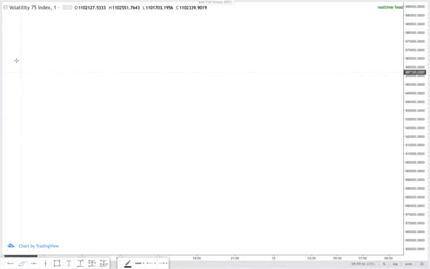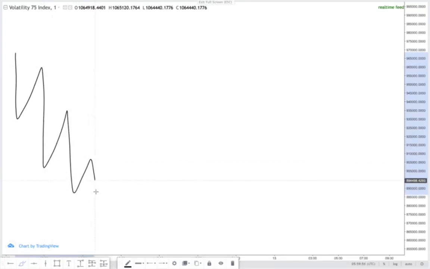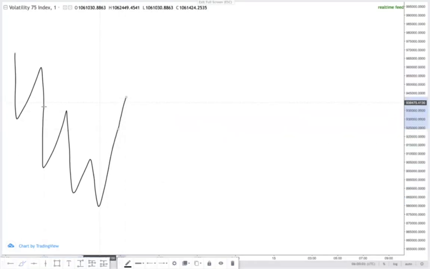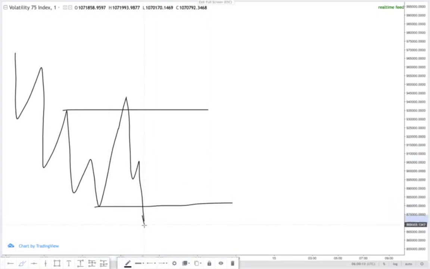Okay. Let's say when you have a downtrend like this, then at this time price comes to break, let's say, this structure right here. Okay, then price drops again to break this structure right here. This is the first confirmation that we have a high possibility of getting a correction.